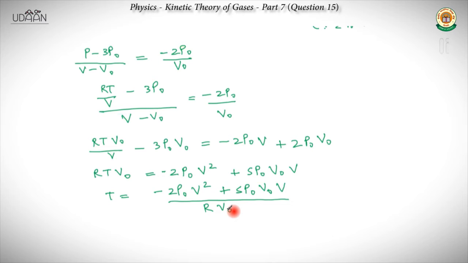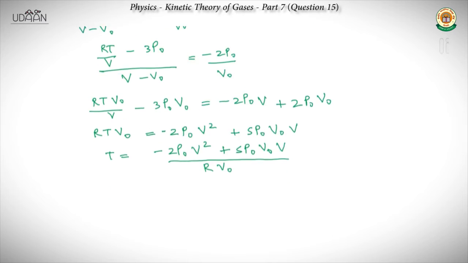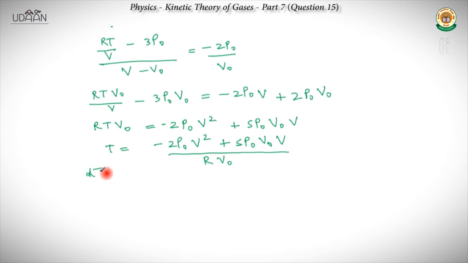So we've come this far. Let's see now what else we'll do. Now we just differentiate it, that is dT by dV. By doing this we wish to get a particular critical point where the temperature would be maximum. So we can simplify it as 5 P naught V by R minus 2 P naught V square by R V naught.